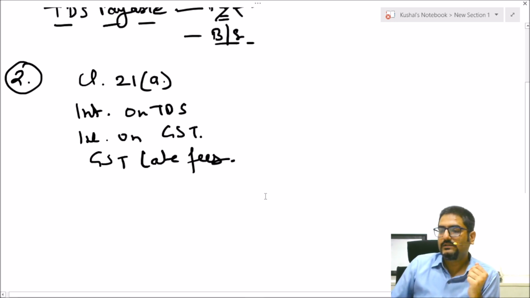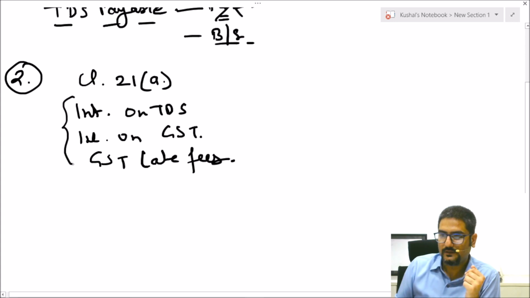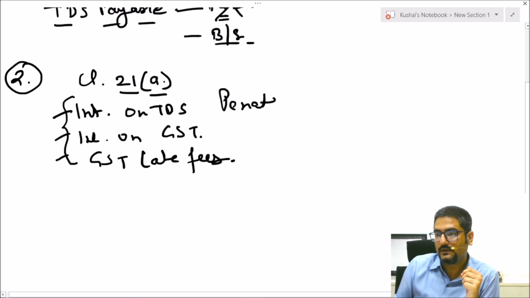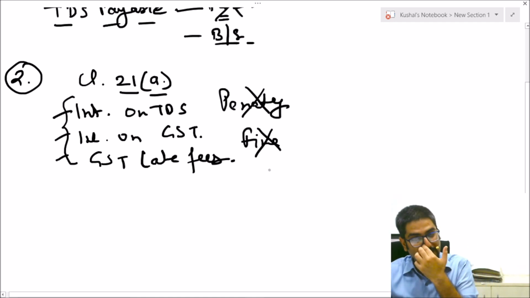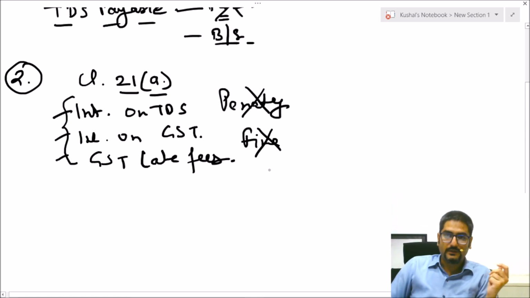If you see these three items in the profit and loss statement, the income statement, then do not report these three items' amounts in clause 21A, because these are not penalties or fines. What is a penalty as per clause 21A, or as per the Income Tax Act?